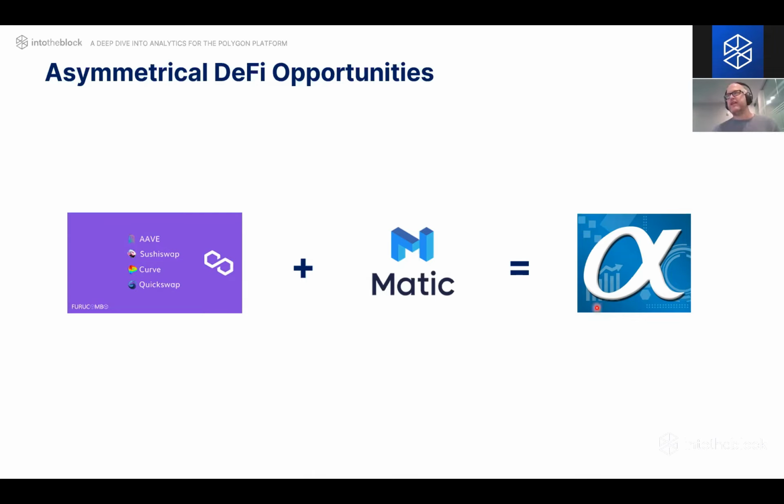That generates these disproportionate opportunities in terms of alpha that are unlikely to remain for a long time, but that today are very present in the Polygon ecosystem. So if you're an investor in DeFi, this is an ecosystem that you need to pay attention to.